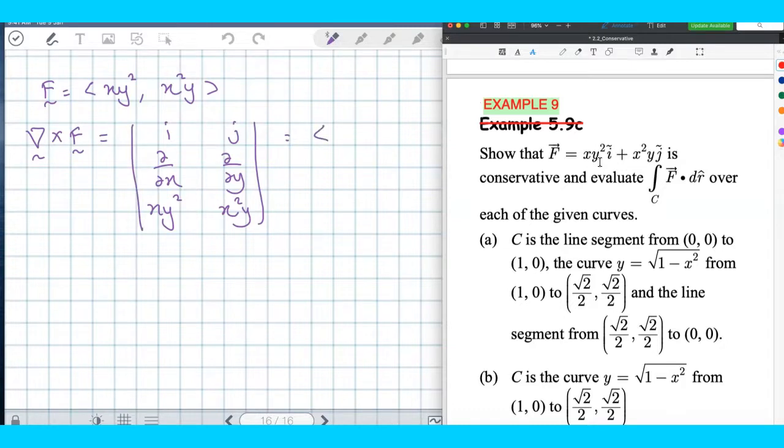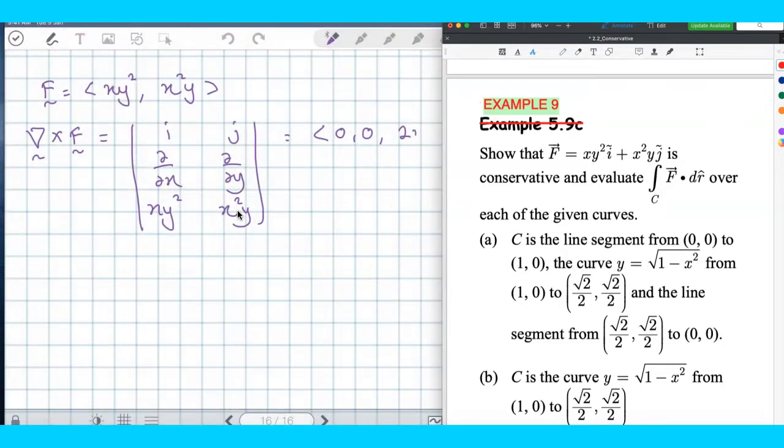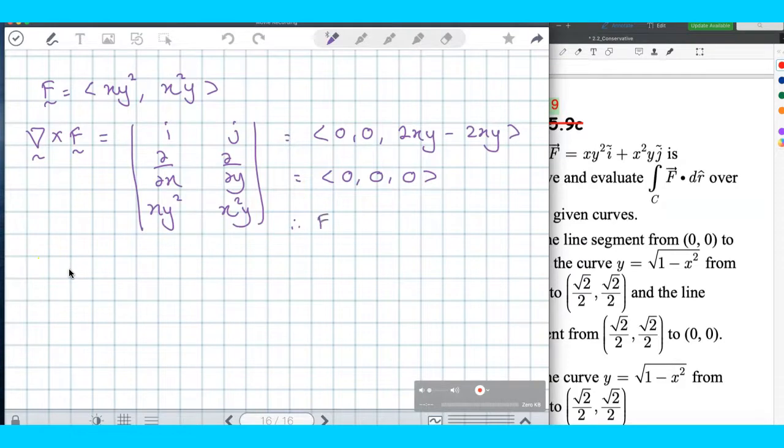Obviously i cross j gives you only k and the rest is 0. So del x of x squared y gives you 2xy, minus del y of xy squared, also 2xy, and you will get (0, 0, 0). So we can conclude that the given F is a conservative vector field.